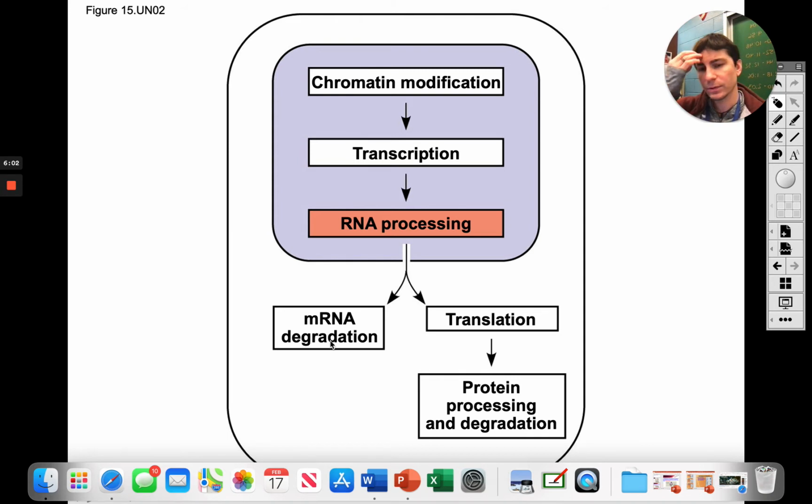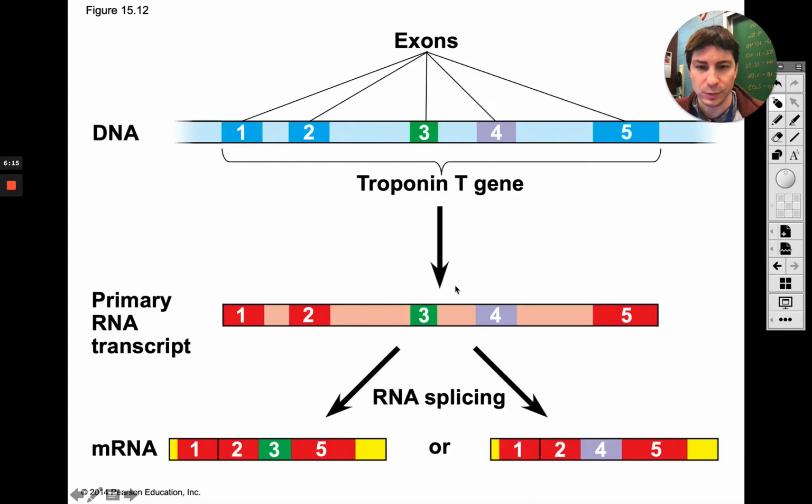Also, another reason we can degrade it is maybe our mRNA has been used so many times already to make proteins. It's getting old. Maybe there's some mistakes in it. Let's get rid of it. Let's make a nice new fresh copy of RNA. We could do that as well.